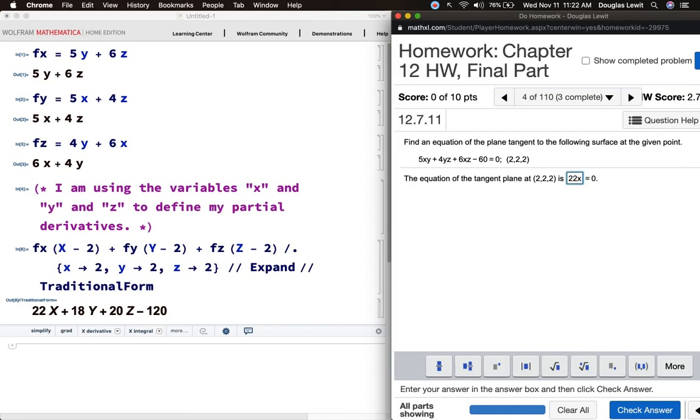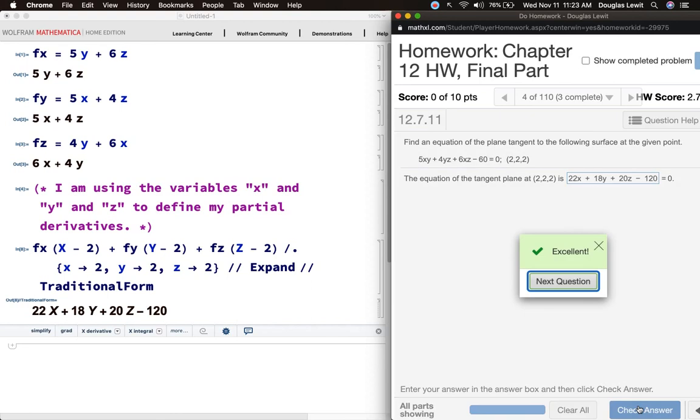But Pearson wants you to use lowercase letters, okay? 22x plus 18y plus 20z minus 120 is equal to 0. That should be correct. Okay? Very good.